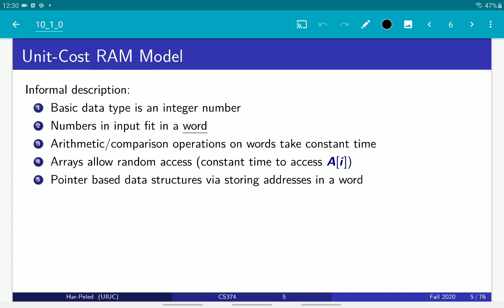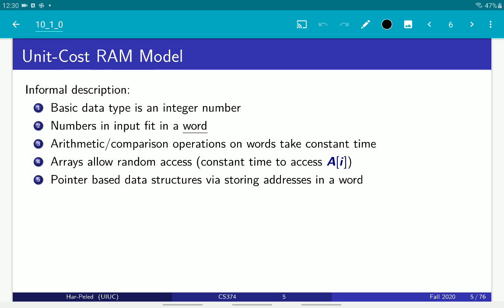Okay, so what is the RAM model? RAM means random access memory. You can think of it as an array, or even an infinite array, because we are not going to care about the size of memory. And you can in constant time read from memory and write to memory.